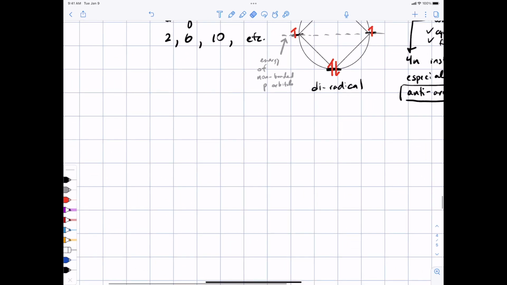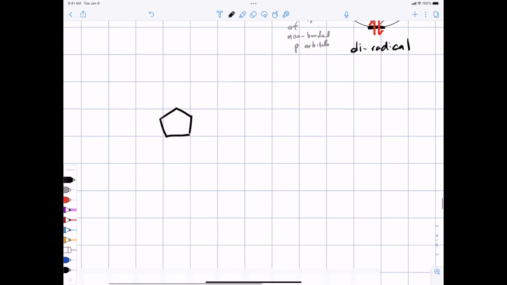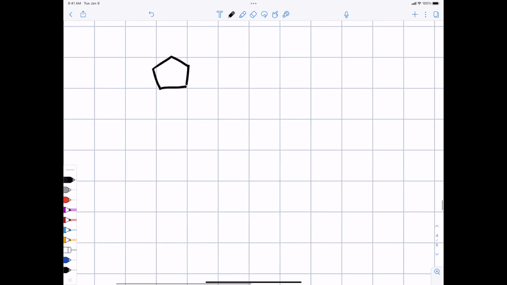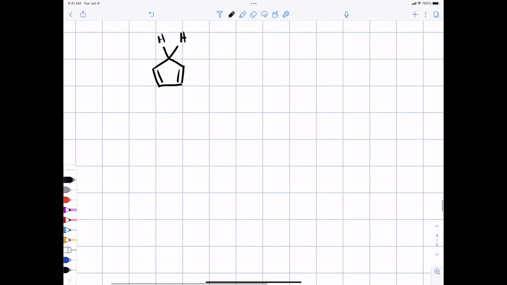Let's use this to do a few comparisons. Actually, without answering the question aromatic or not, we can use these concepts to help us predict some properties of organic molecules. So there's cyclopentadiene. Oops, I used to be good at 7-membered rings.